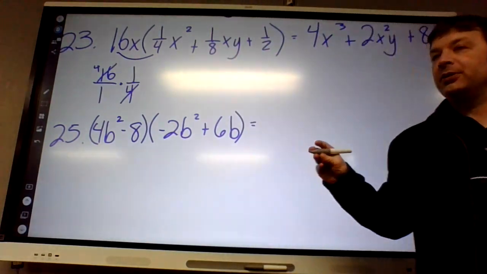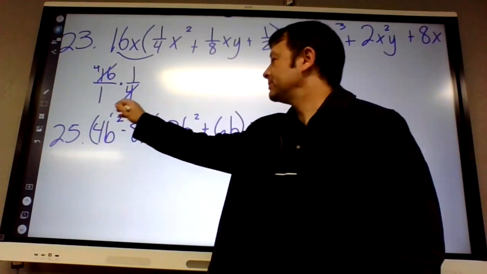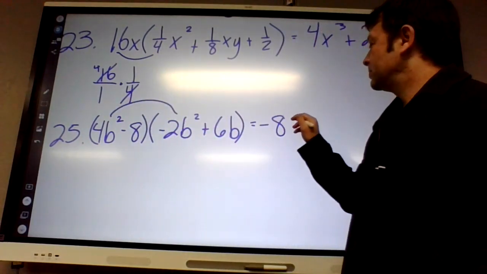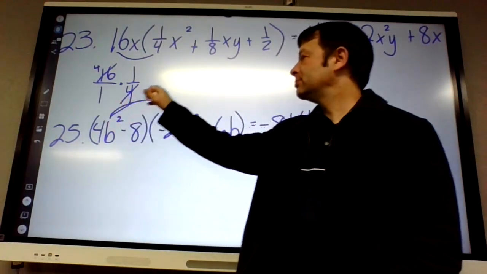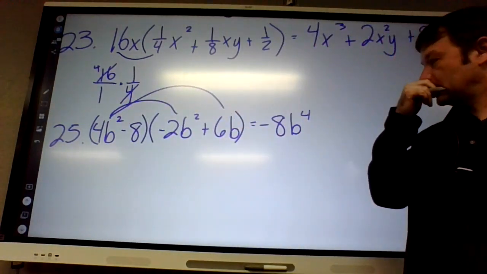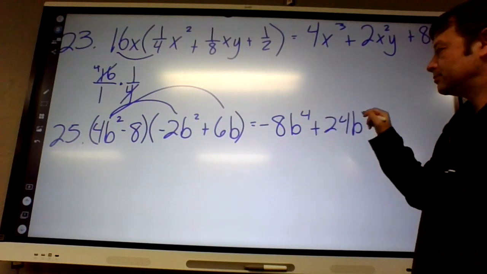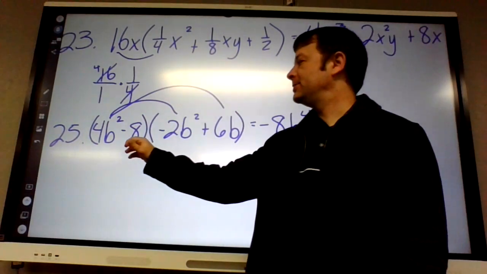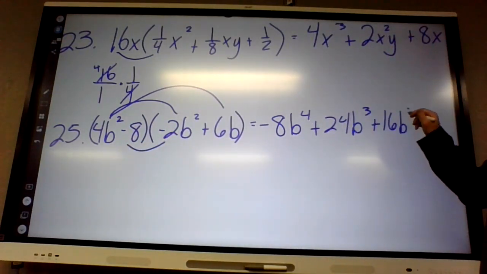Okay, here we go. So first, Carolyn. First, negative 8b to the 4th, outside. Yeah. Then positive 24b cubed, inside. 16b squared, last.